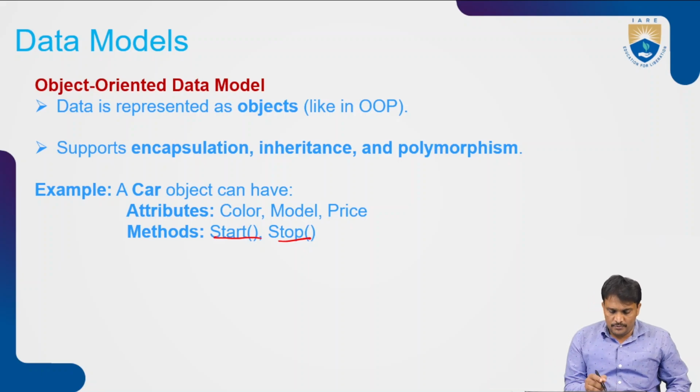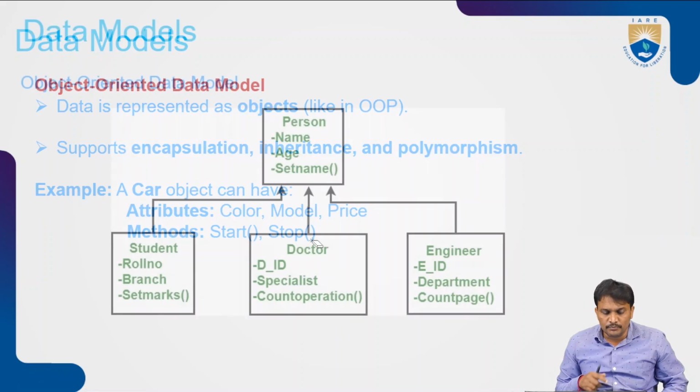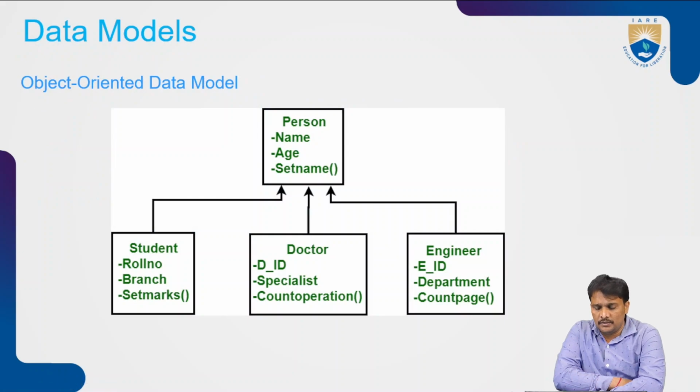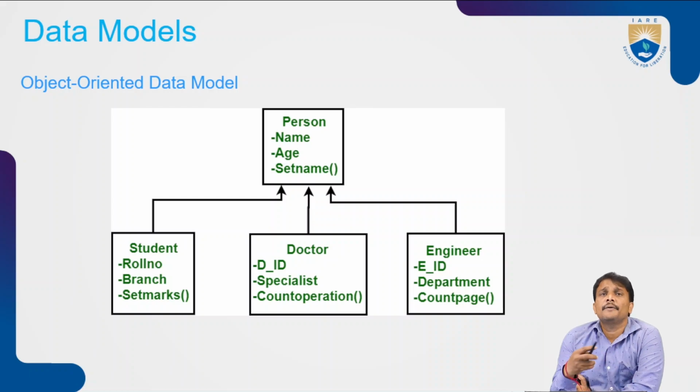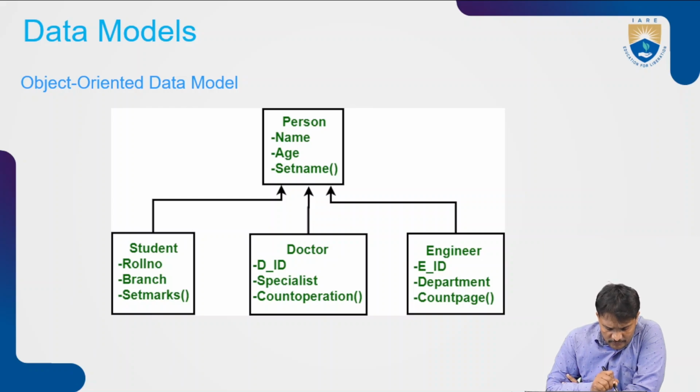So these are the examples for the object-oriented data models. Now see how we can represent the object-oriented data model in a picture. Here a person has a name, and student, doctor and engineer all belong to person.